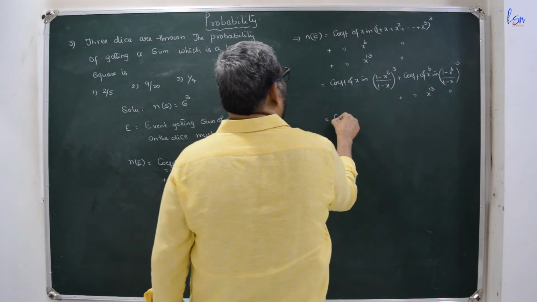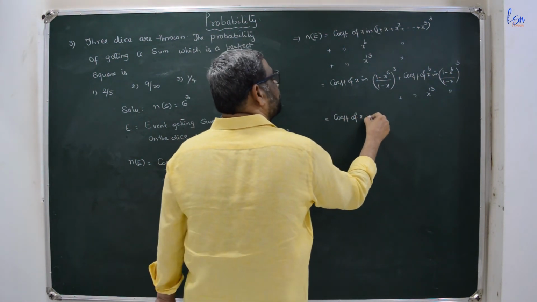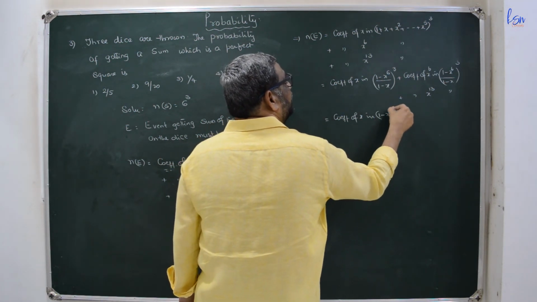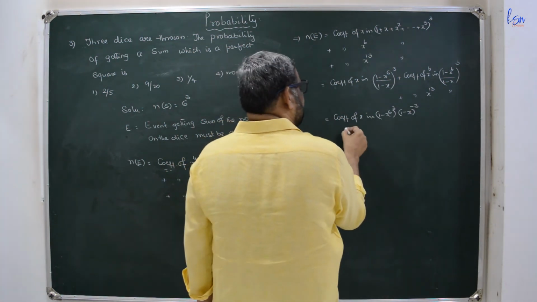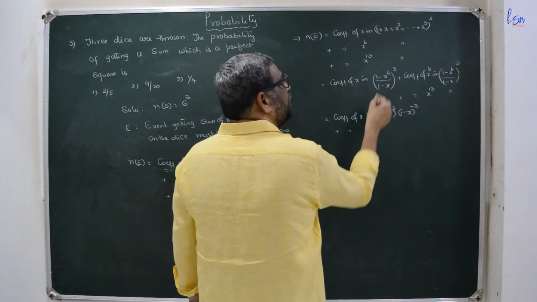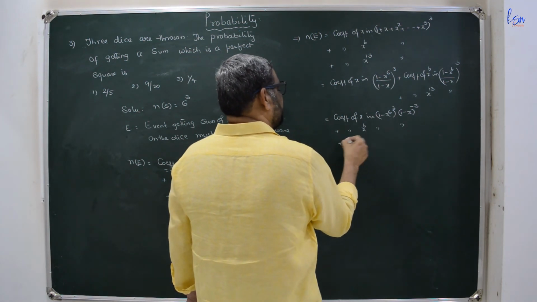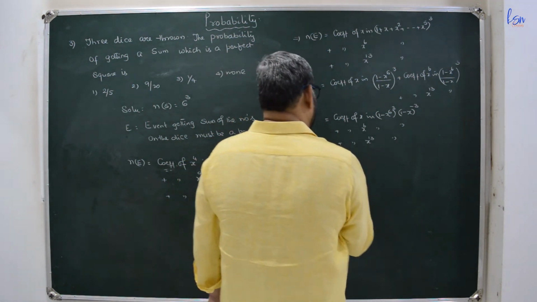This can be written as the coefficient of x in (1 - x^6) whole cube into (1 - x) to the power -3, plus the coefficient of x^6 in the same expansion, plus the coefficient of x^13 in the same expansion.